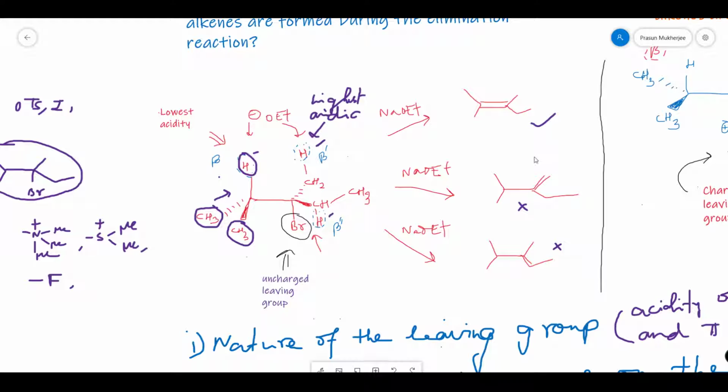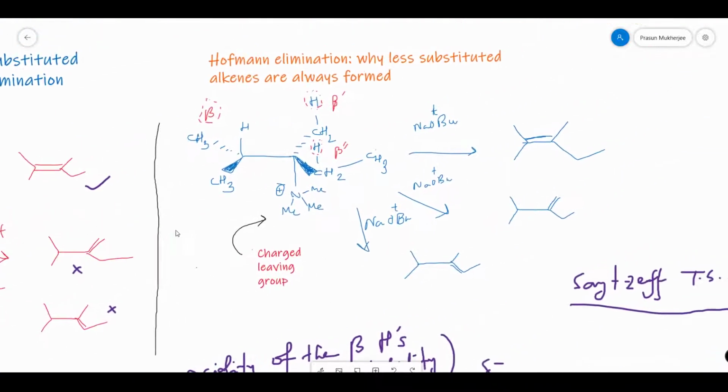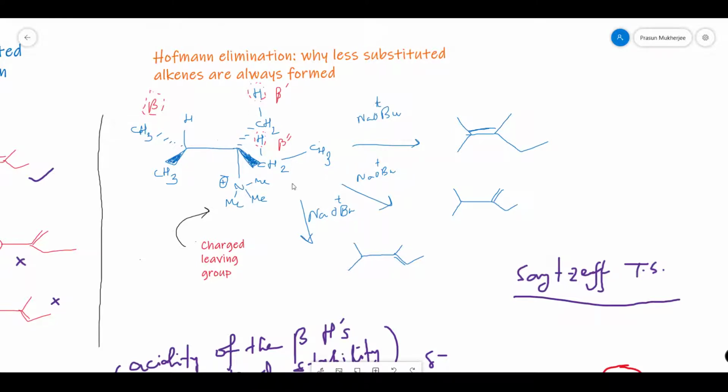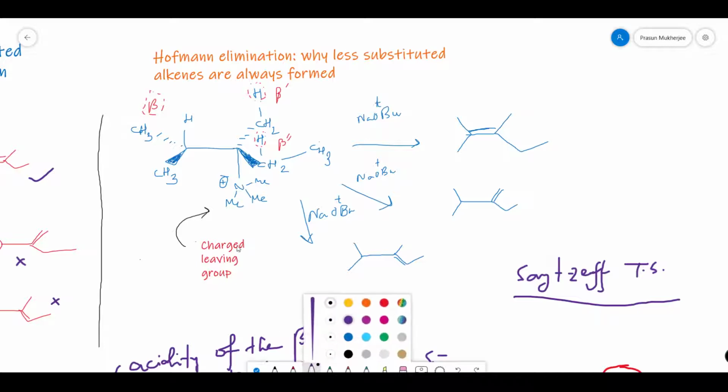so let us see the case of Hofmann elimination, and then we will go into the mechanism. In case of Hofmann elimination, you can see here the same substrate, but the leaving group is different, NMe3+ in place of bromine. In this case also the acidity pattern will be the same. This hydrogen will be most acidic, and the least acidic will be this hydrogen.